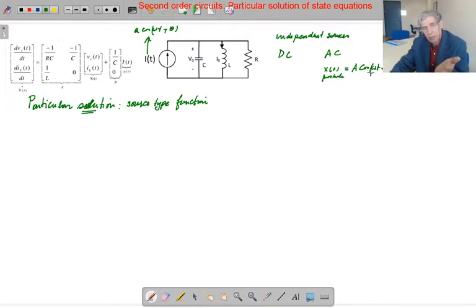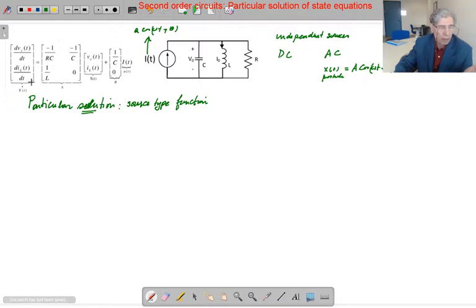Why is it not changing? Maybe it is easy to explain that. Because we are taking the derivative of the sinusoidal function. The derivative of a sinusoidal function is another sinusoidal function, and its frequency is the same as before the derivative is taken.